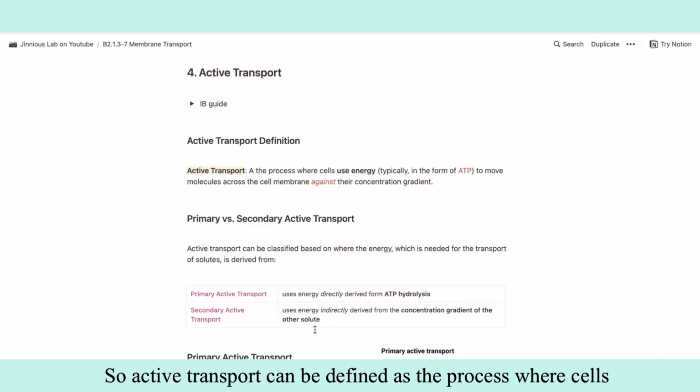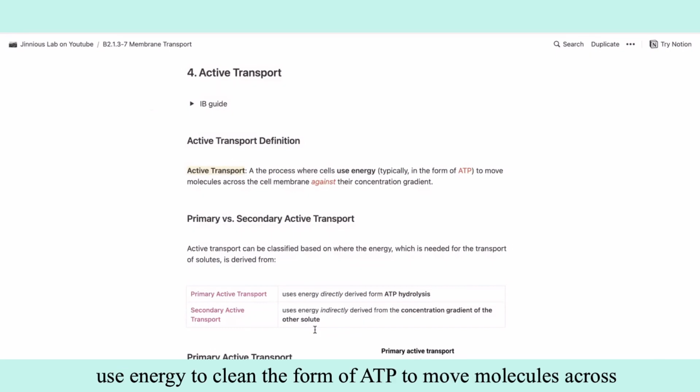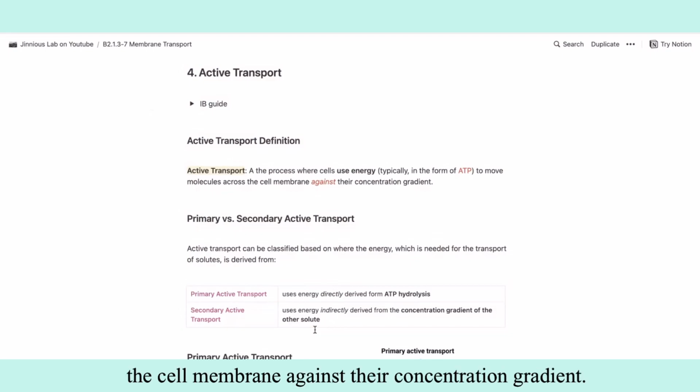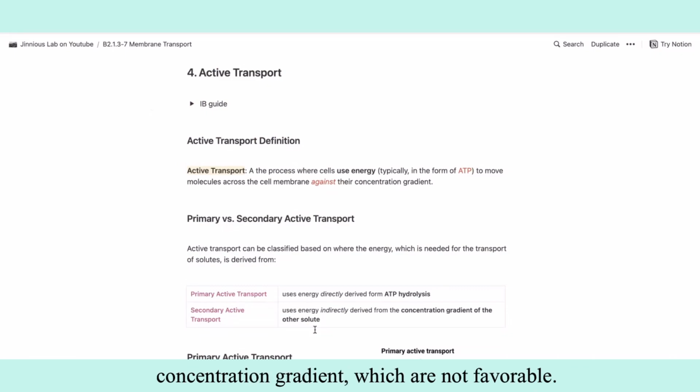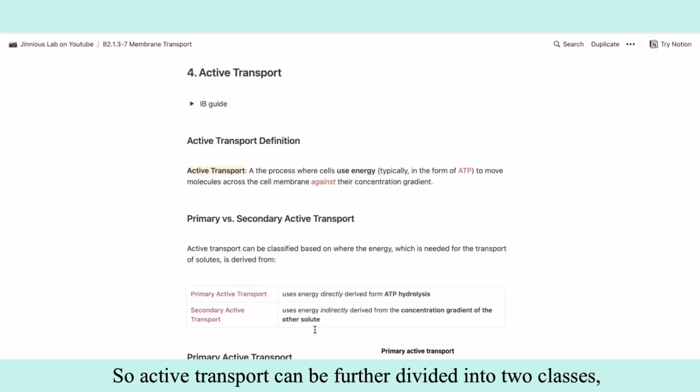So active transport can be defined as the process where cells use energy, typically in the form of ATP, to move molecules across the cell membrane against their concentration gradient. So the fact that they use ATP allows them to move against their concentration gradient, which is not favorable.